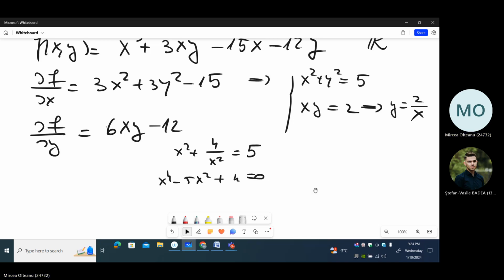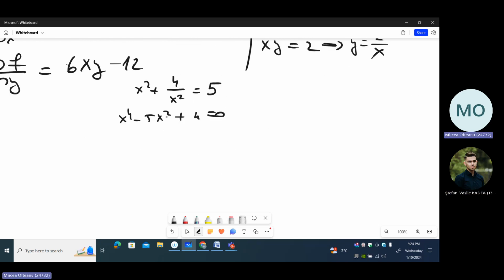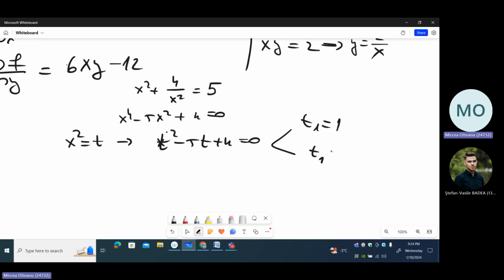This is a, if we put here x squared equals t, we get a quadratic equation, t squared minus 5t plus 4 equals 0, which gives us t equals 1, t equals 4. So x squared equals 1. We get x1, 2 equals plus and minus 1. X squared equals 4. It gives us x3, 4 equals plus and minus 2.